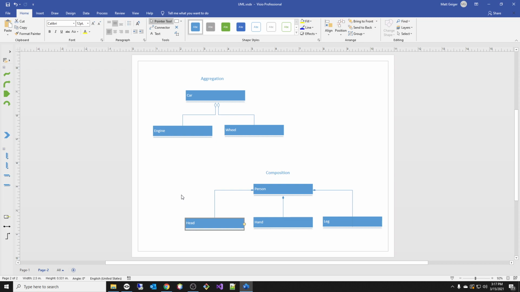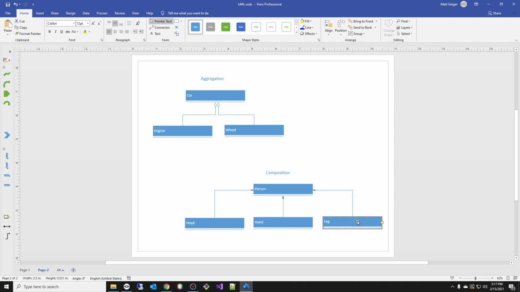If we created each of these as a class, a head might have some properties and some methods. Maybe we're making a robot, right? So we have a head structure, we have a hand structure that has properties and methods, and we have a leg structure, also an object. But the person has fields, one for its head, 2 for its hands, and 2 for its legs.